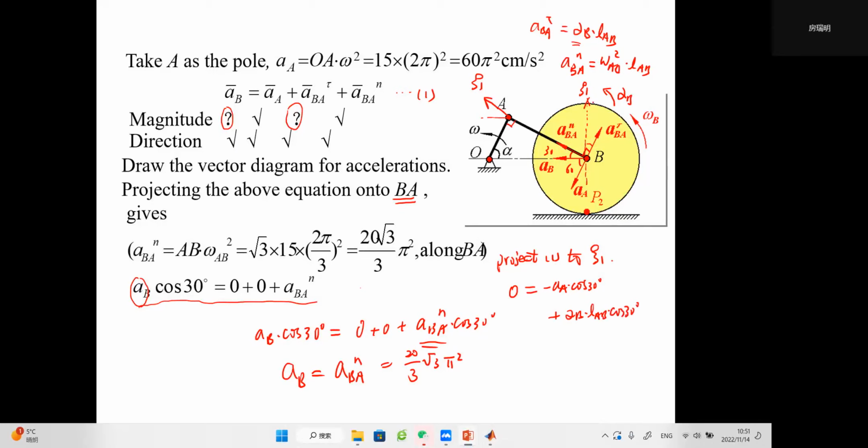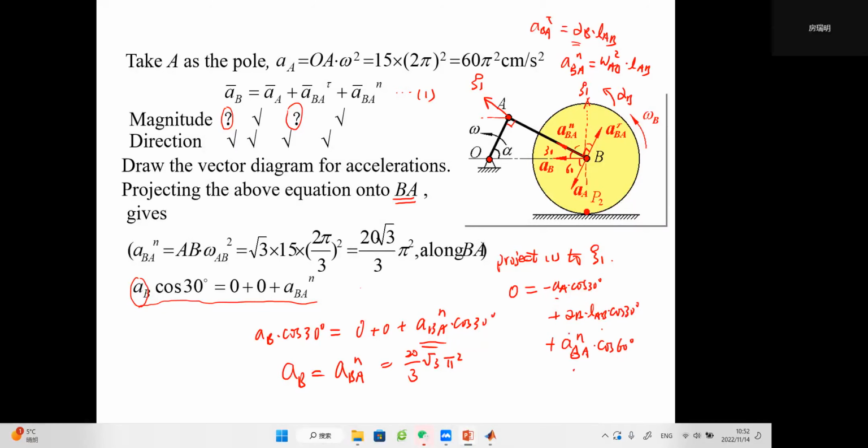Its projection is along the positive direction of axis 1, so this is positive. Then ABAN, if this is 30, then this is 60, so we only need to plus ABAN times cosine 60. You can find that in this expression AA, LAB, ABAN are all known.